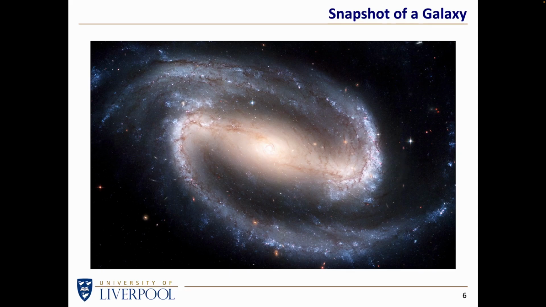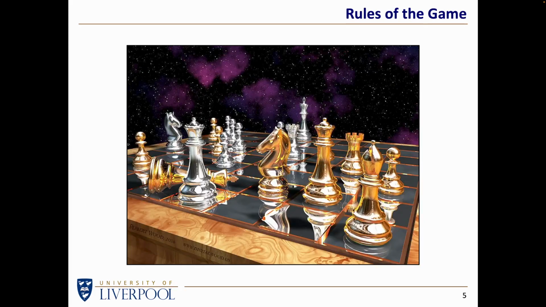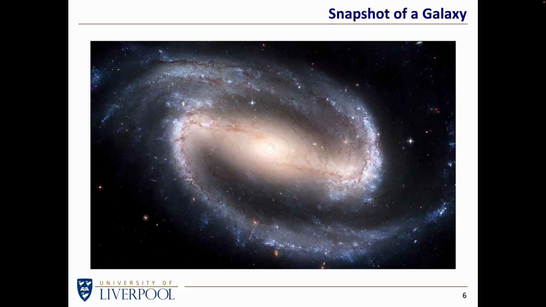If we wanted to watch this galaxy rotating once, we would have to watch it for 100 million years. So although it would be very nice, rather than take a picture of the chessboard, it'd be very nice to watch a video of 2 people playing chess. That would give us a much better idea of what the rules of the game are. But in a sense, we can't do that. We can only take snapshots.